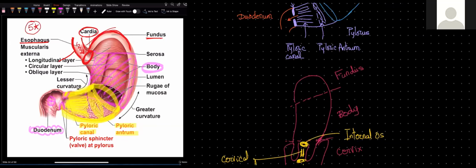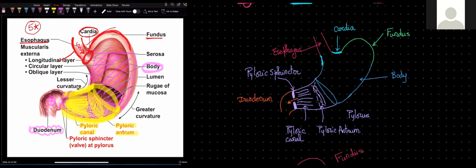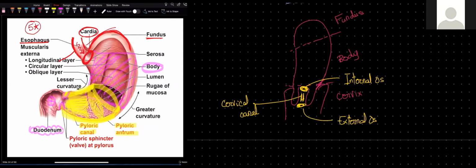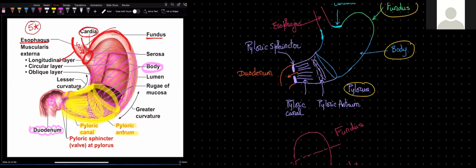So here's the stomach. We have a fundus, we have a body, and we have the pylorus that corresponds to the cervix on here. If you look, it has an entrance, it has the pyloric antrum, it has a canal, the pyloric canal, and it has an opening to the outside surrounded by the pyloric sphincter.